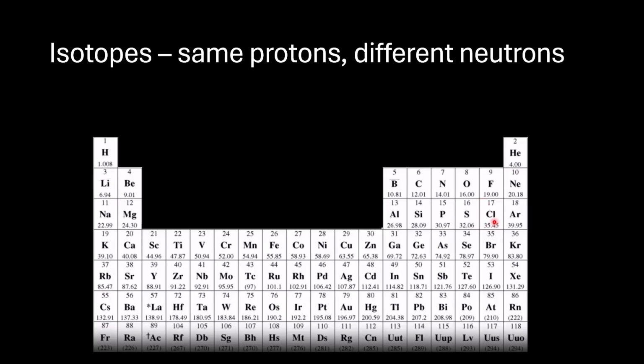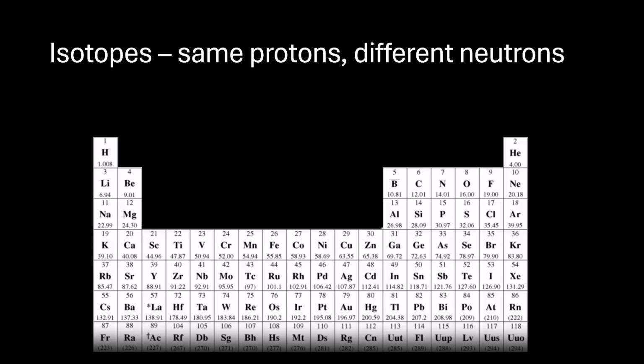These values correspond to the atomic number on the periodic table, which simply represents the number of protons in the nucleus. However, we can have different versions of the same element, and these variations are known as isotopes. So isotopes have the same number of protons, but they differ in their number of neutrons.